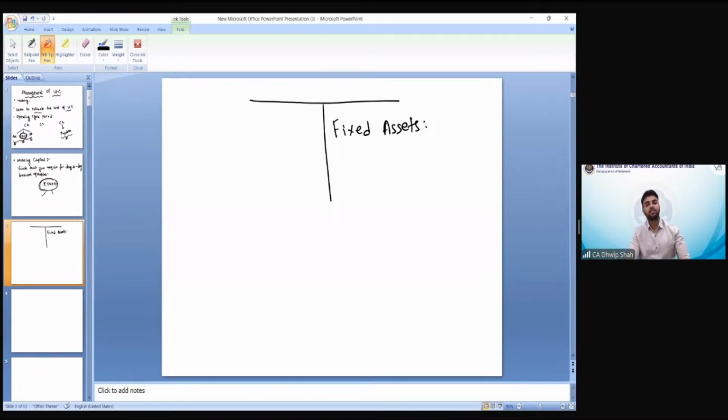The restaurant had funds for fixed assets, but for the daily business operation of the restaurant, which is to prepare and serve food to the customers, they did not have the funds. So the funds which you need for day-to-day business operation are called working capital.